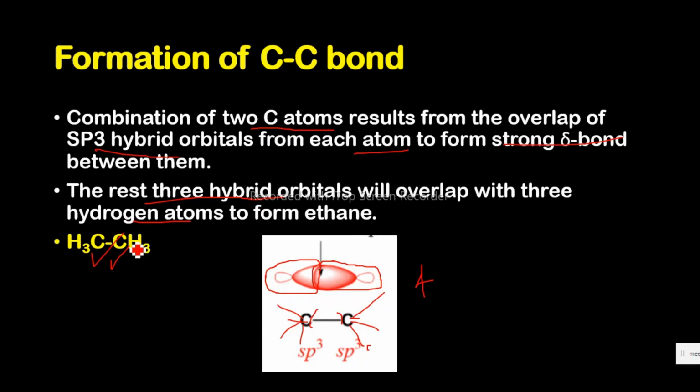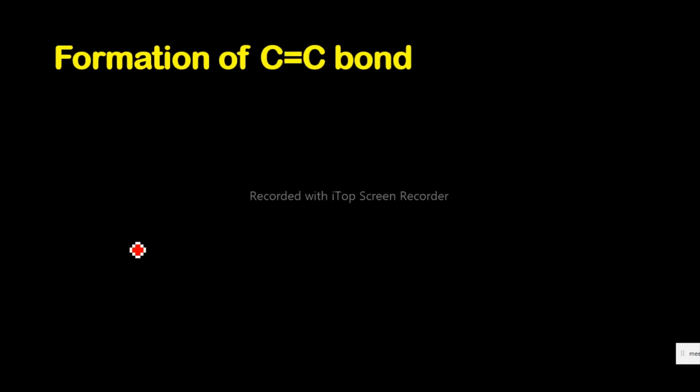Then, how about where we form a double bond? Now that's where some little science is. For the formation of a double bond, there are two bonds, this one and this one. Of the two bonds, one is a sigma bond and the other one is a pi bond.